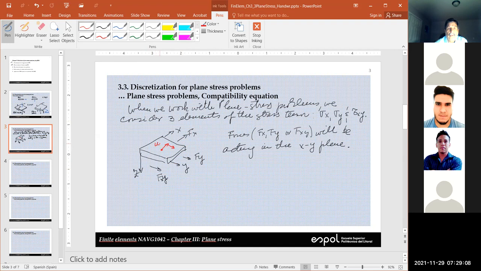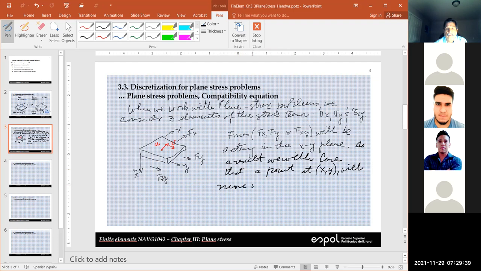This is what we will call U, and this we will call V. As a result, the point at XY will move in the X and Y directions.